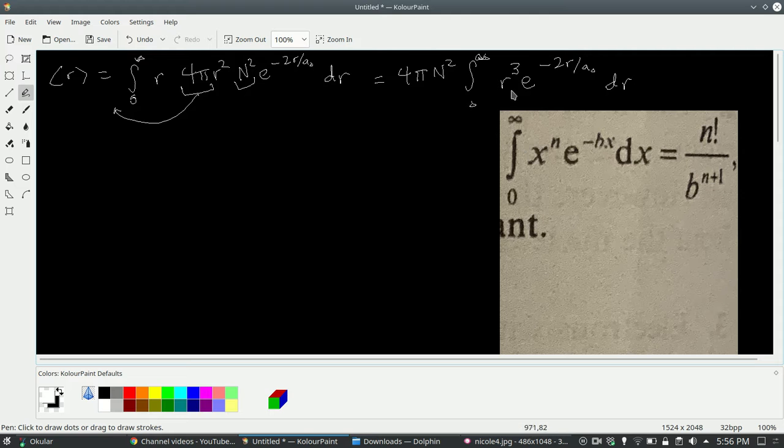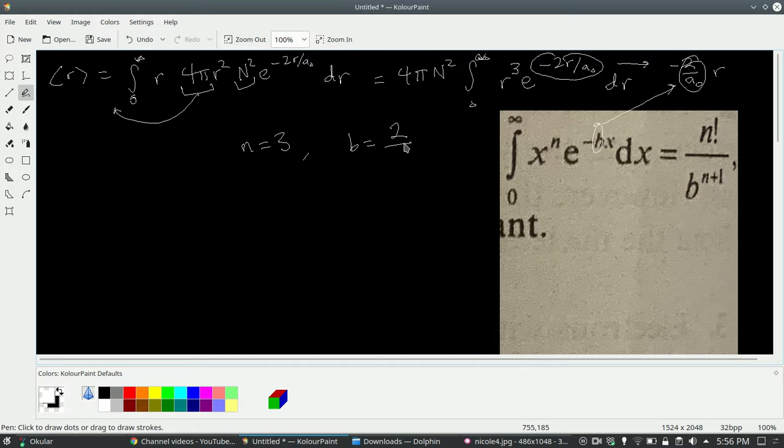So the r is really the x. And the n is equal to 3. And the b, so this whole thing we can rewrite as negative 2 over a naught r. So the b is negative 2 over a naught. I mean 2 over a naught, because the negative sign is already accounted for here.